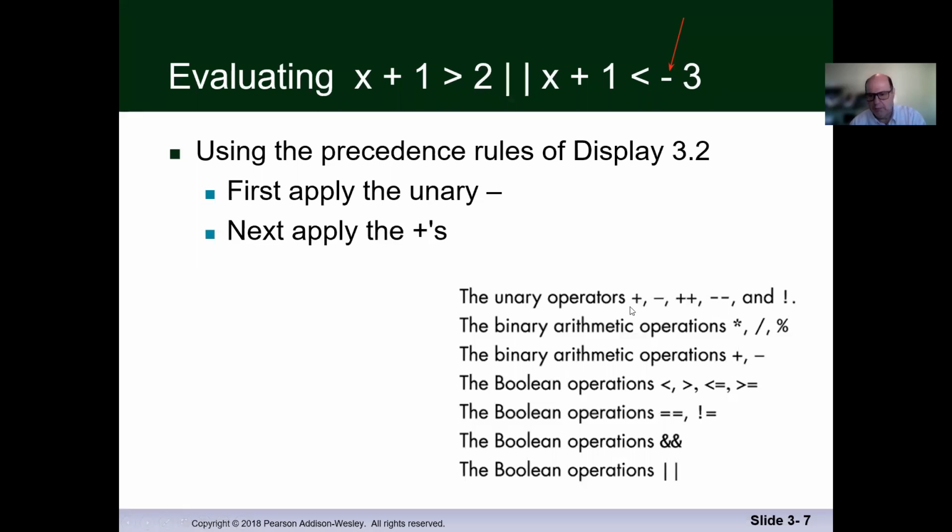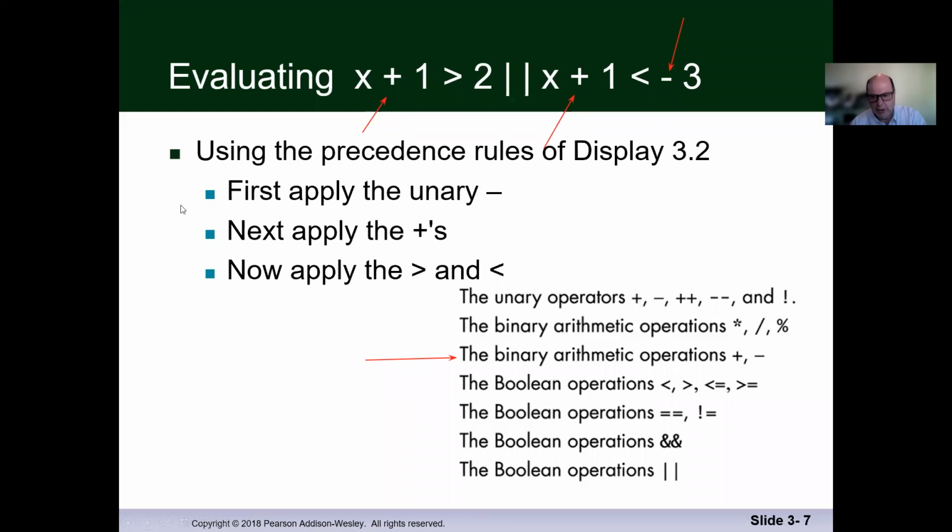So we are going through this: the unary minus, we apply that. We don't have any multiplication or division, so we go to plus. The plus is going to happen next, so this one and this one are going to happen.